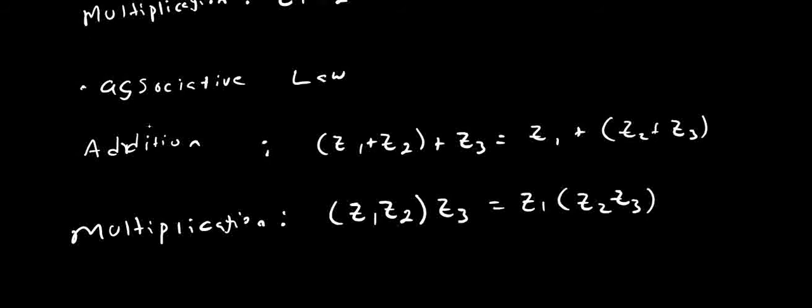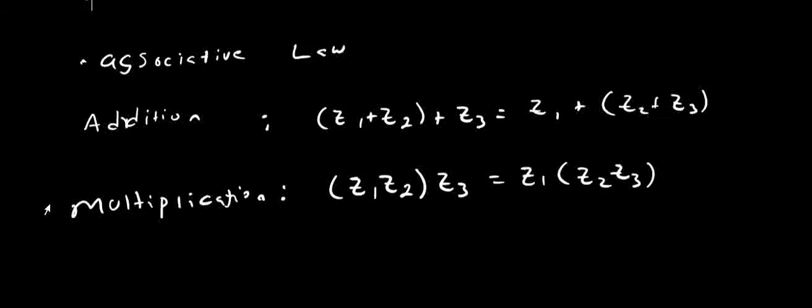And these properties can be proven from just our basic definitions. I looked over some of the problem sets at the end of this chapter, and those are some problems we could possibly do in a future video. But for right now, I just want to go over the basics.